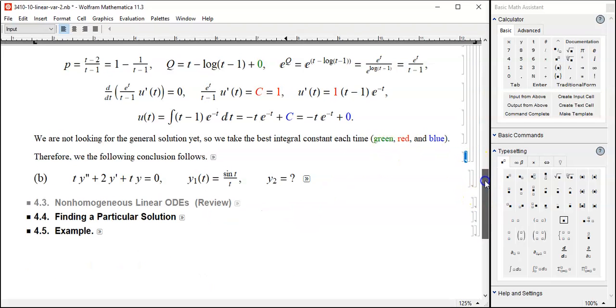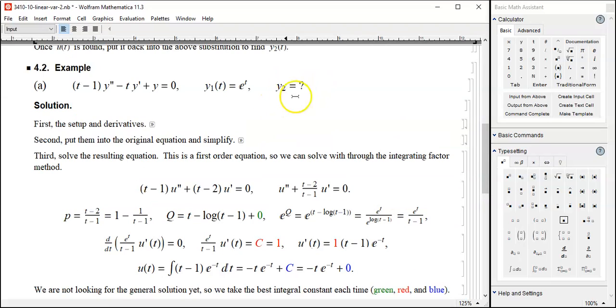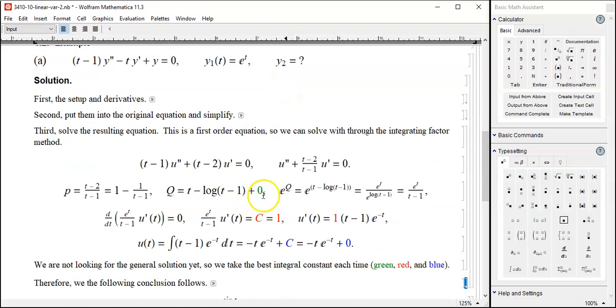Anything before that, we don't need, because basically you're looking for y2, which is a specific function. So we don't need to consider the integral constant. The simplest possible is of course 0. So I just disregard the integral constant here and then get this kind of computation. So okay, that's the integrating factor.